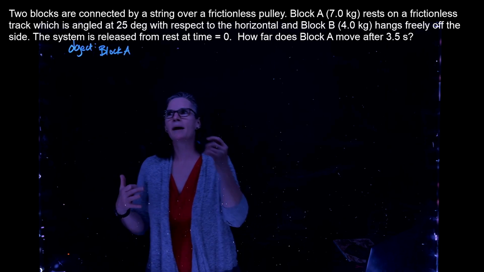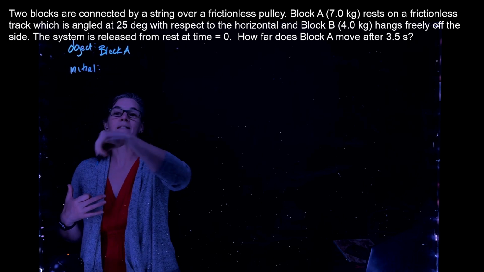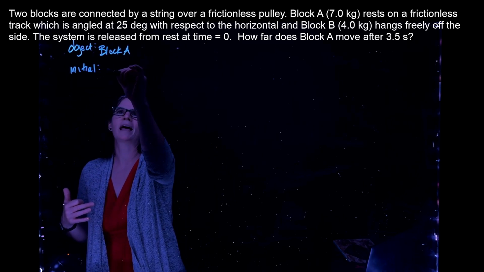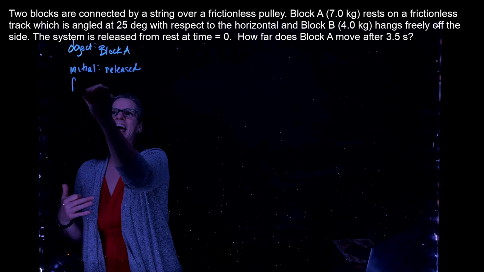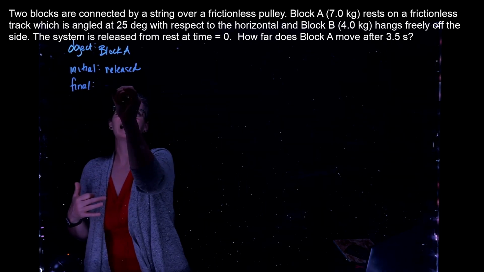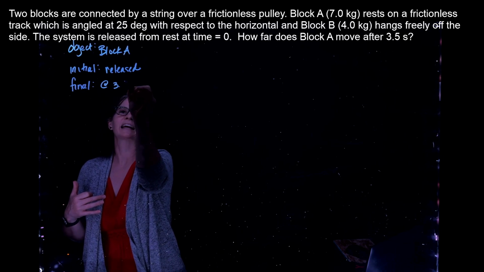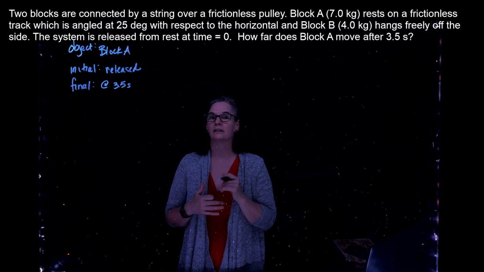With kinematics, the first thing we think about is what really begins the motion, what's the initial condition, and that's when the block is released. And it ends, in this case, at a time, 3.5 seconds. So it ends at that 3.5 seconds, which defines my final condition.